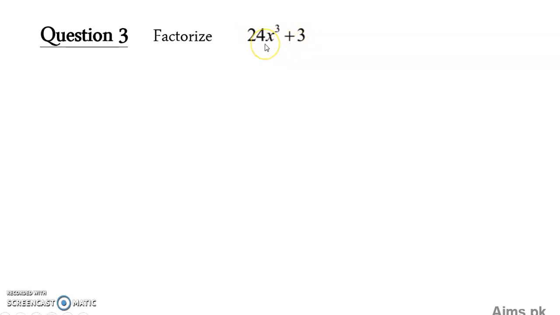We can take 3 out as a common factor, because 3 times 8 is 24 and 3 times 1 is 3. So your first step will be to take the common factor out, then look at the remaining terms. The two terms left are 8x cube plus 1.